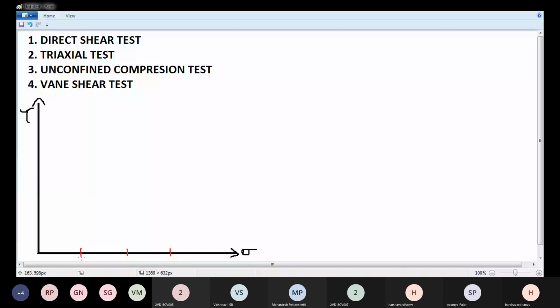Let's say for the first trial, the failure shear stress was here, for the second, and for the third. So we'll get 3 points for 3 trials, and if you join all the 3 points through a straight line, then that is your Mohr envelope. So this is direct shear test.